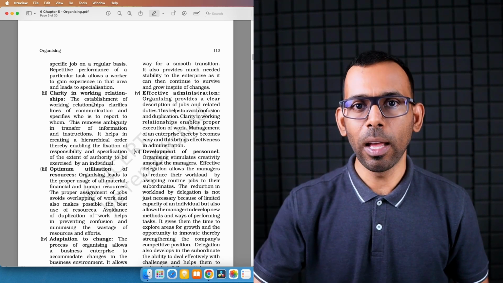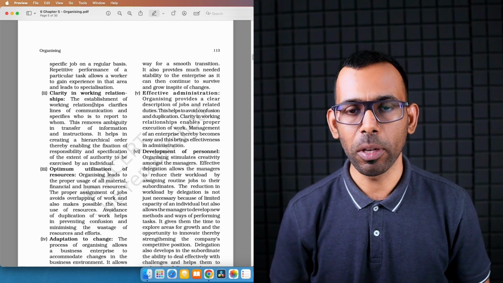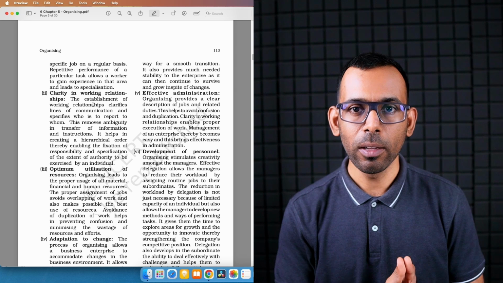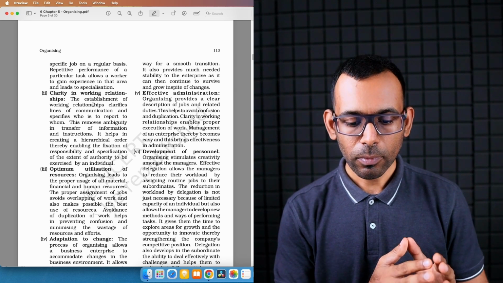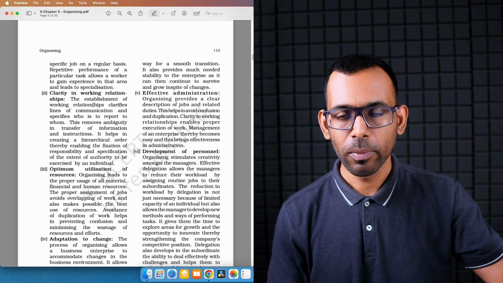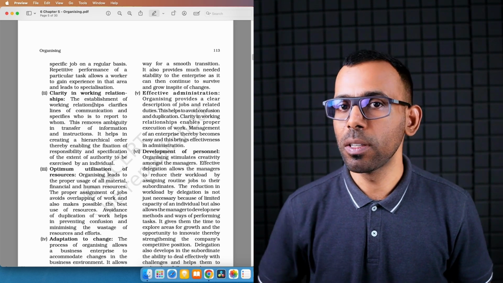Now the roles will have a superior and the role will also have a subordinate. For example, when I worked in corporate, I joined as an executive. I had a superior who was a deputy manager, and I also had a few subordinates who were in the officers cadre.